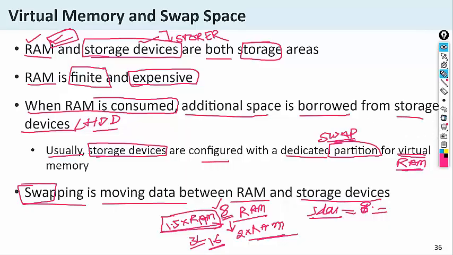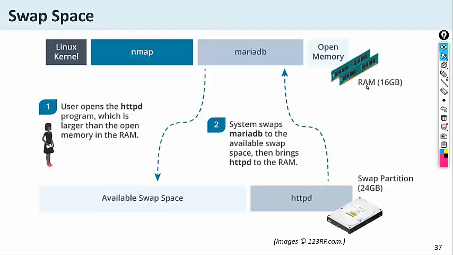It is working perfectly. Okay, so let's talk more about this memory. How does the swap partition or swap space work? This is the Linux kernel, and the Linux kernel executes two programs. One program is nmap, another program is MariaDB, and the maximum size of the RAM is 16 GB.